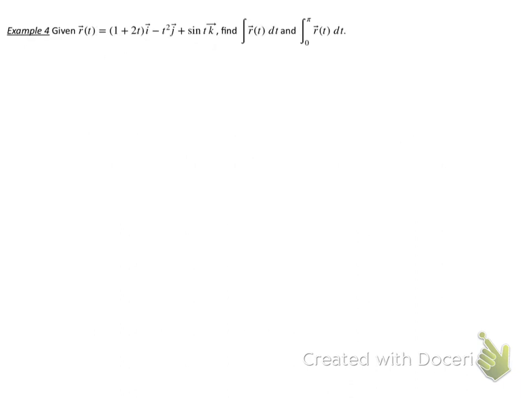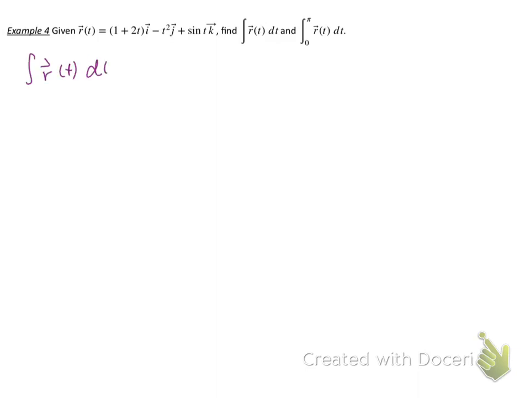So last example here, we have a vector which is 1 plus 2t i minus t squared j plus sine t k. We want to find the indefinite integral and then the definite integral from 0 to pi. So we need to find its antiderivative first.